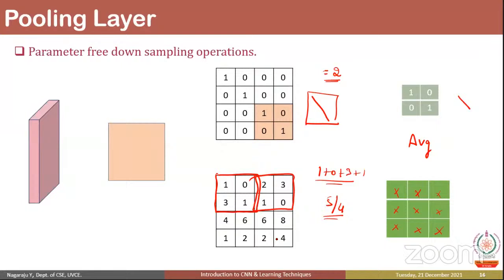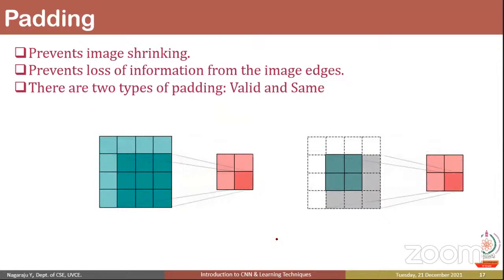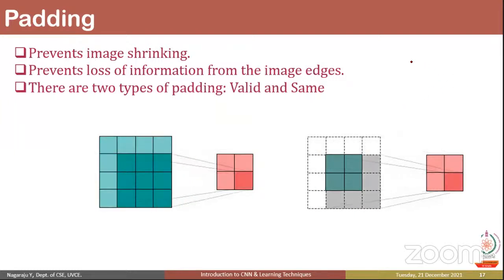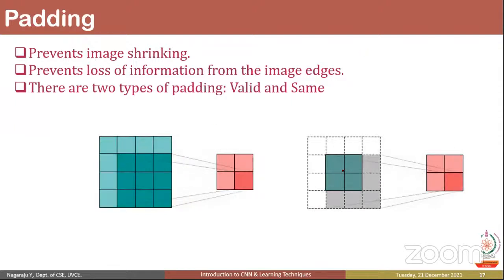Okay, after the pooling layer, next comes padding. I think everyone knows, if you have studied at least one paper, you have come across convolution layer, pooling layer, padding. So why padding?